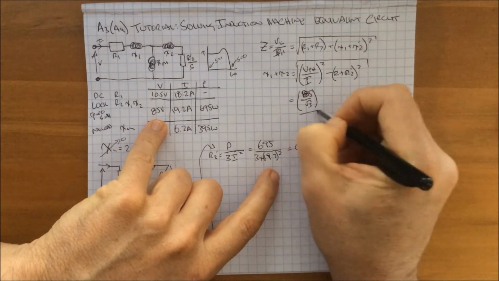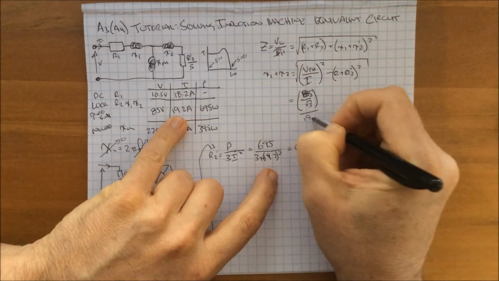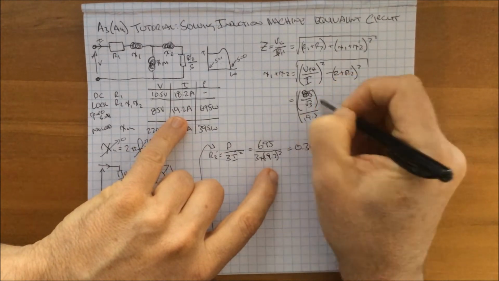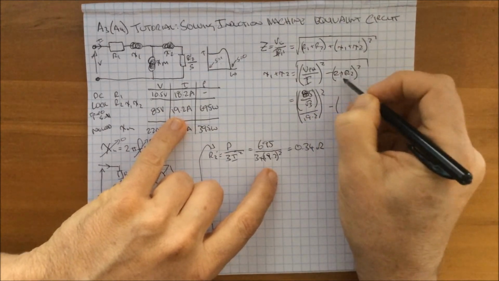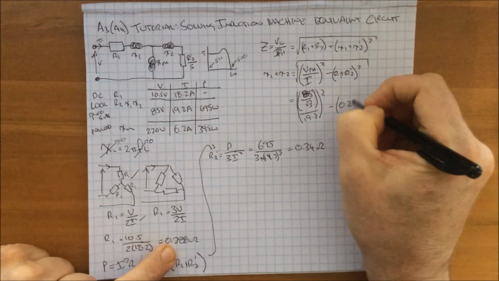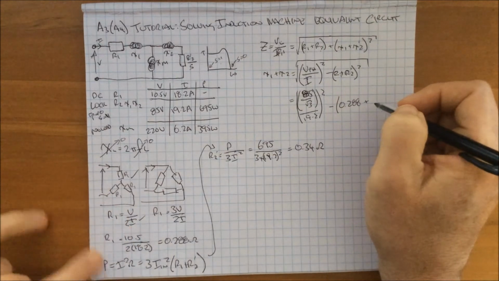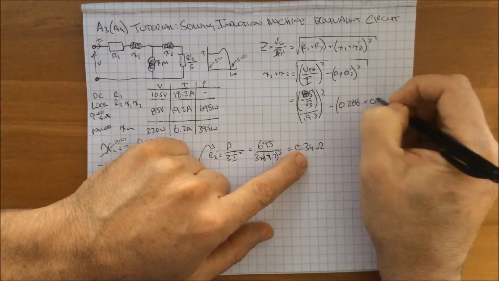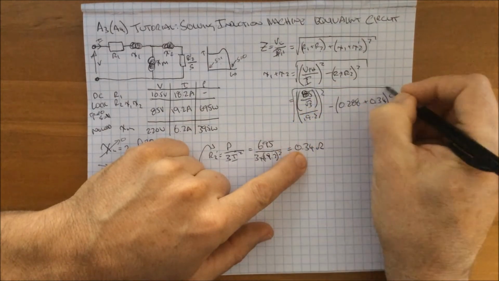And that is over our current, which is 19.2. All of that gets squared, minus R1, which we have solved to being 0.288, plus R2, which we found to be 0.34. All of that squared, and then the square root of all of that.